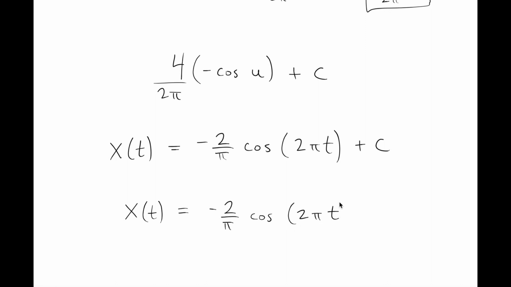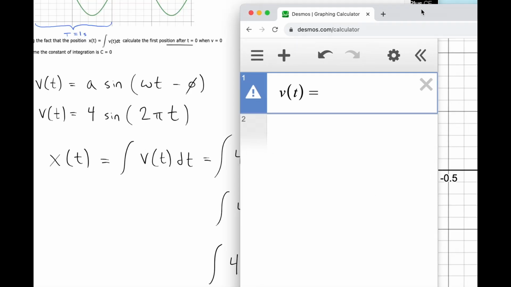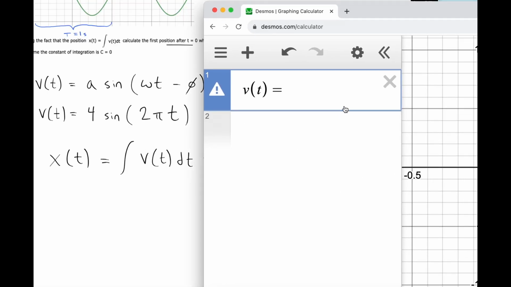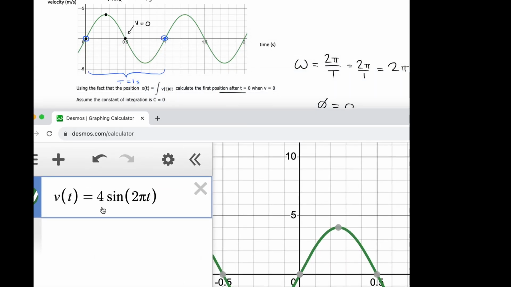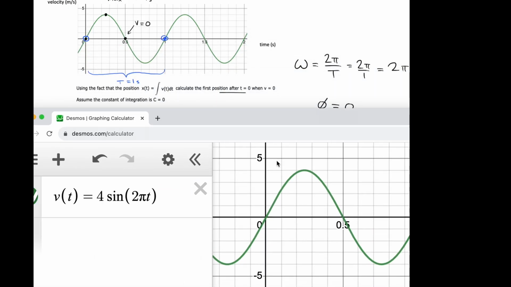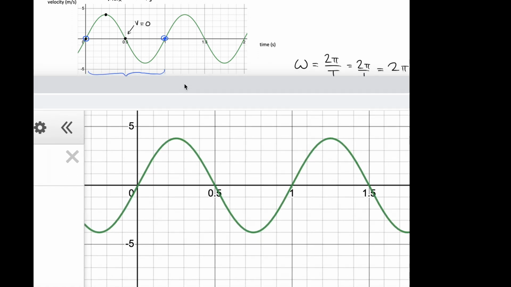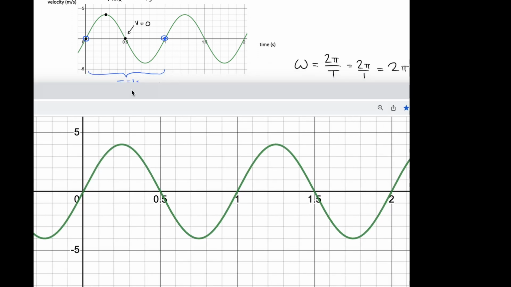Let's graph it and see what it looks like. First, I'll graph the velocity just to make sure that I had that plotted correctly. And so, yeah, for sine of 2 pi t, it does look like the picture in the question.